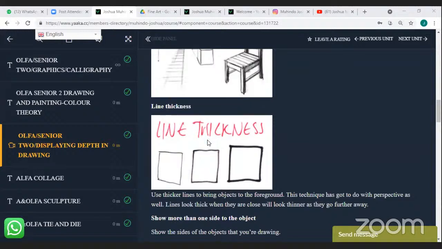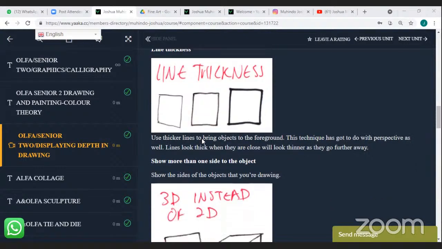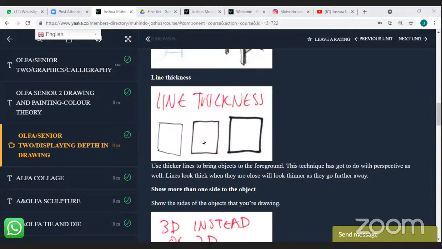Then the next one is line thickness. And I would request Malcolm to read through this for us. Use thicker lines to bring objects to the foreground.